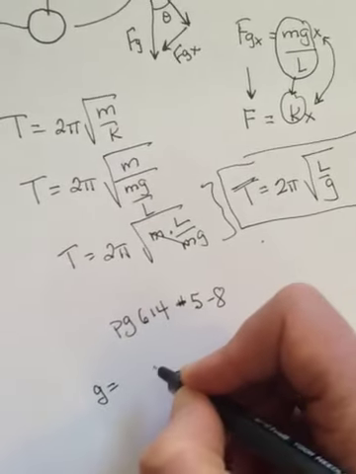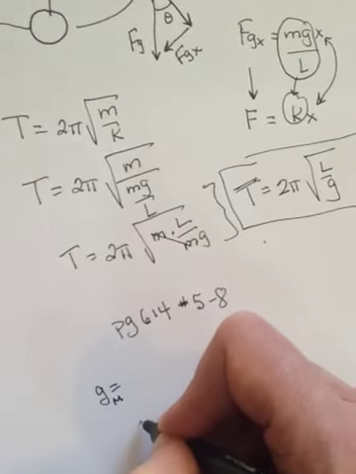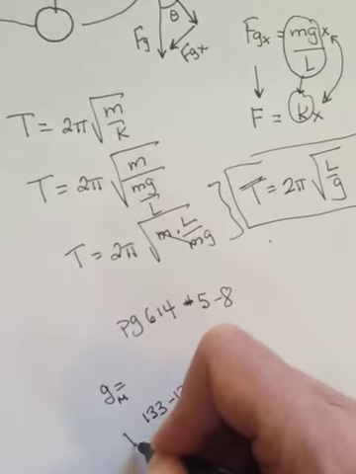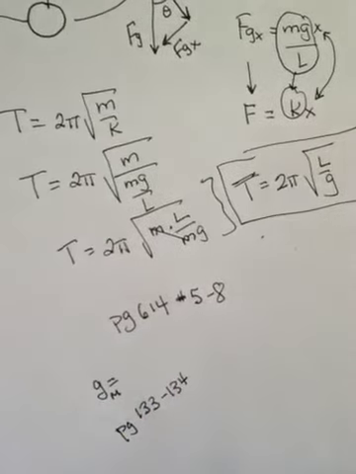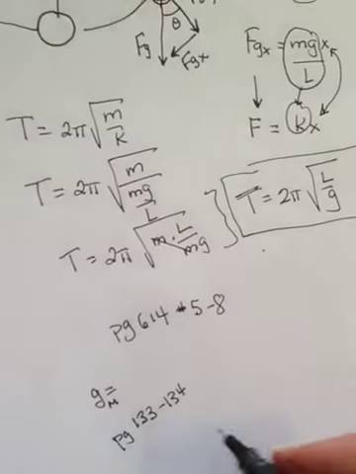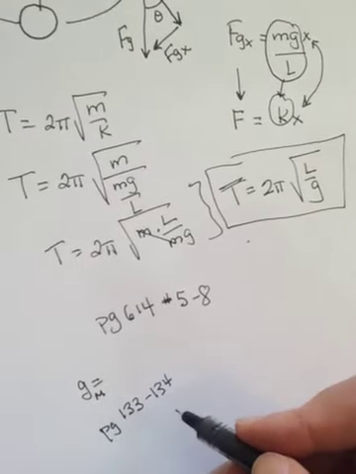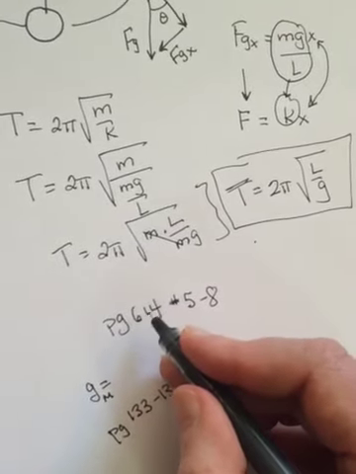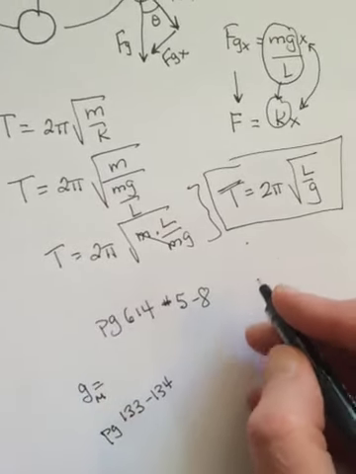I think it's on page, I'm going to say either 133 or 134. So when you're doing that one, check out page 133, 134. That's where the acceleration due to gravity on the moon is. I forget which page it is, but it's one of those. All right, so page 614, numbers 5 to 8.